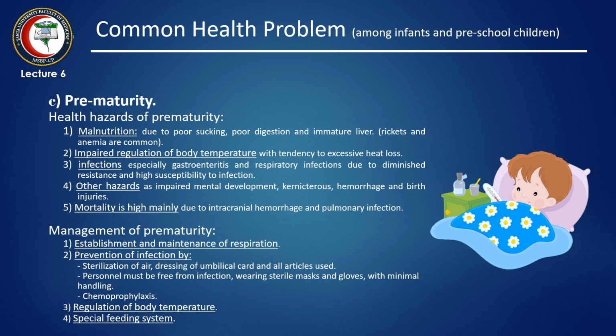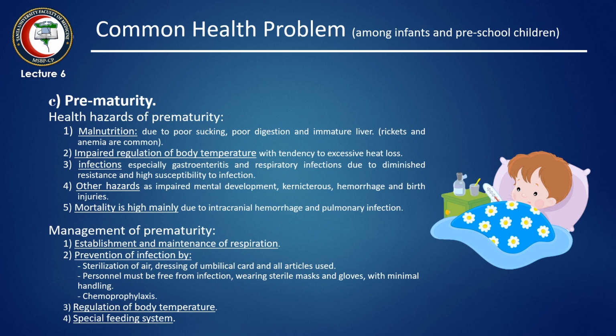Finally, prevention of infection will be conducted by applying chemoprophylaxis, which are drugs given either before or immediately after exposure to infection to prevent infection. Thirdly, regulation of body temperature.